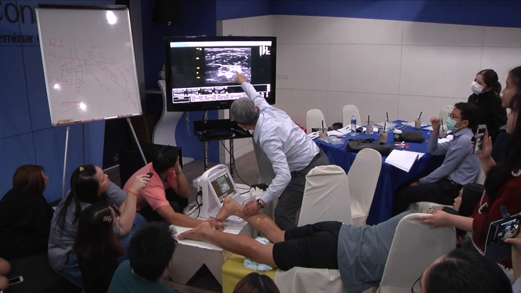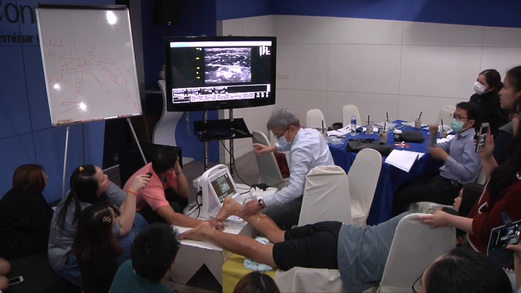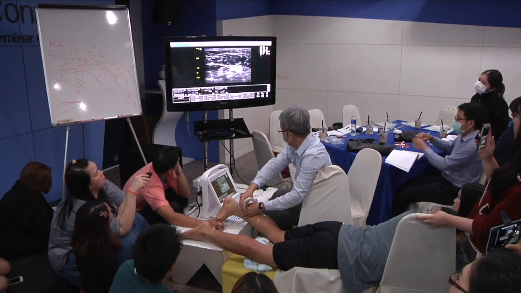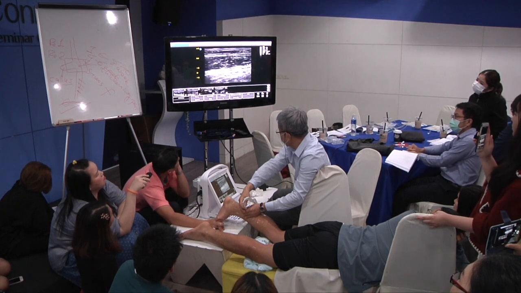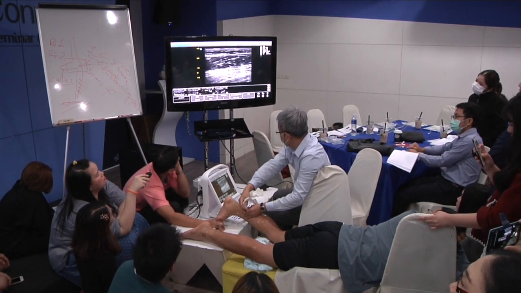The cross-sectional view of the plantaris tendon, very bright, between the soleus and the gastrocnemius. And you turn 90 degrees. Okay, freeze.